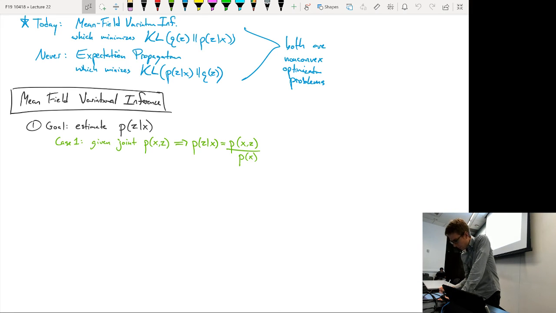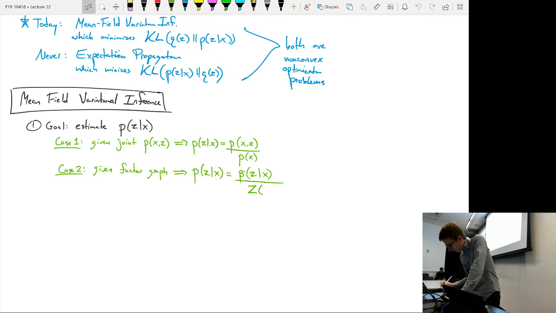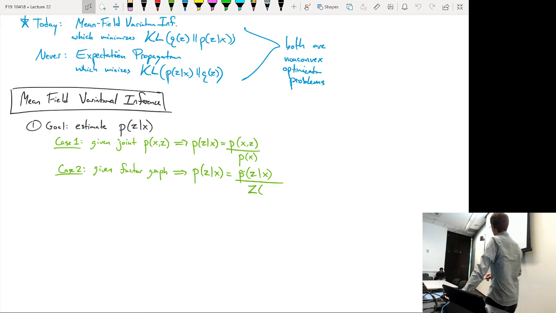So that's case 1. Case 2 would be we're given, say, a factor graph, which would mean that the conditional distribution P of z given x is something like P tilde of z given x divided by a partition function Z of x, where P tilde of z given x is just, say, the product of all the potential functions.